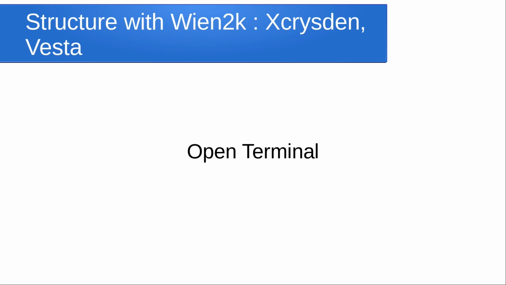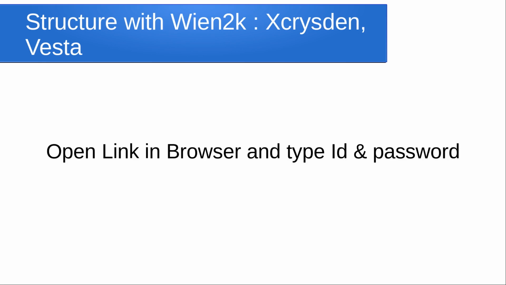So in today's video I will show you how you can create the structure of any material in WIEN2k. The steps are very simple. First of all, you open the terminal, then go to w2web and open the link in the browser and type your ID and password.